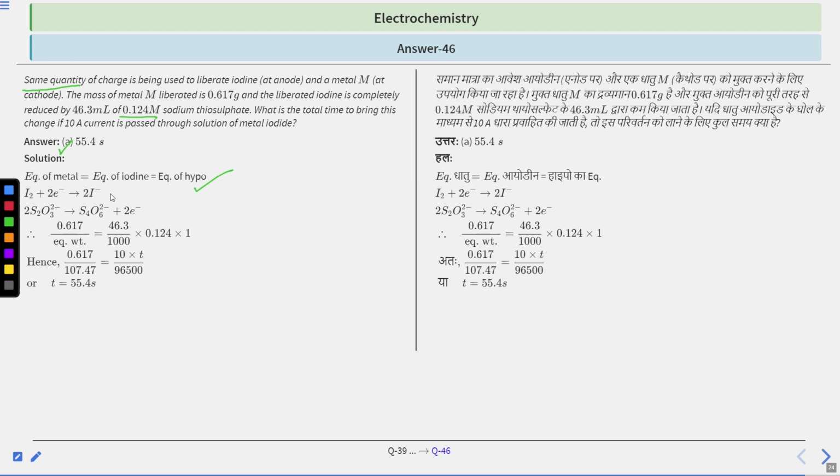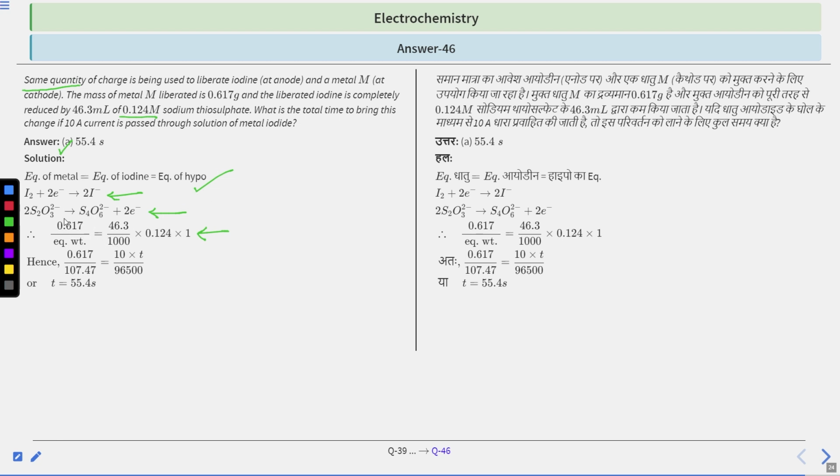This is the reaction for iodine, I2 plus 2 electrons giving 2I minus, and this is for thiosulfate, 2 S2O3 2- giving S4O6 2- plus 2 electrons. So equivalents of metal equal equivalents of hypo.